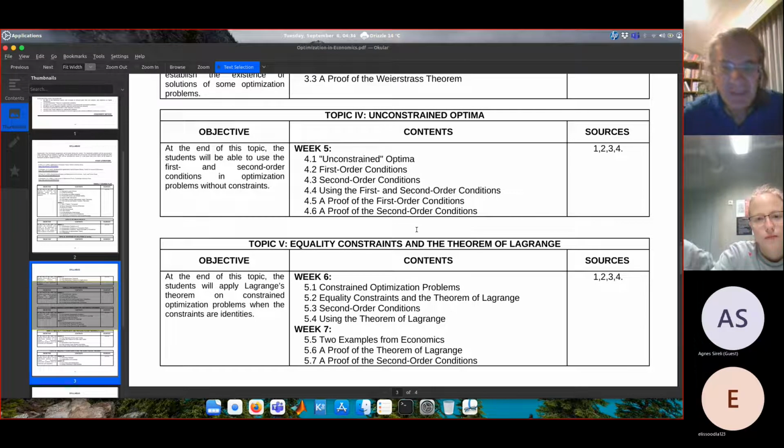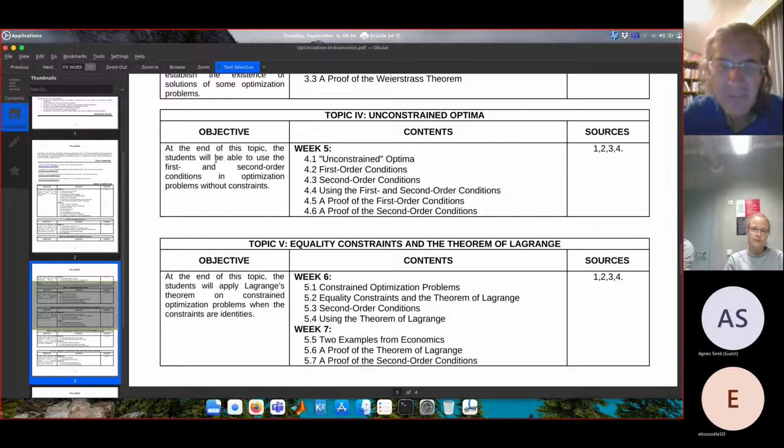The next topic is unconstrained optima. What is this essentially? We are going to optimize functions without constraints, so functions that go from Rn into R. And the objective is, at the end of this topic, the students will be able to use the first and second order conditions in optimization problems without constraints.